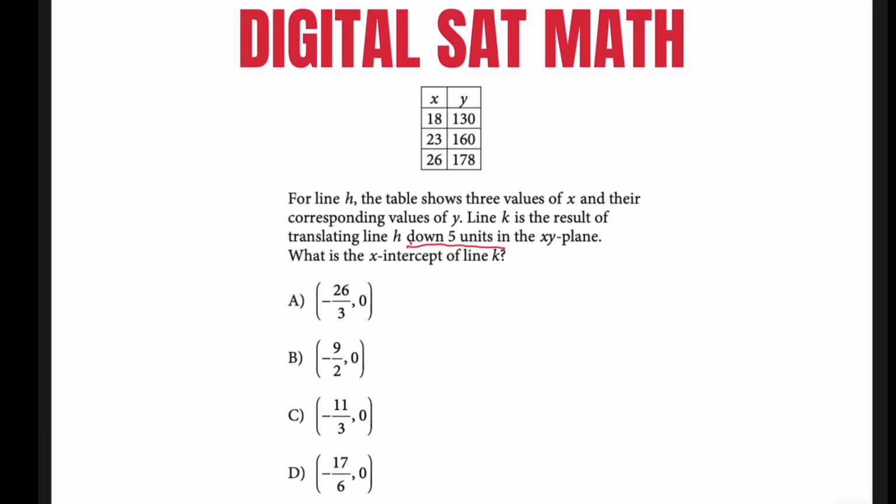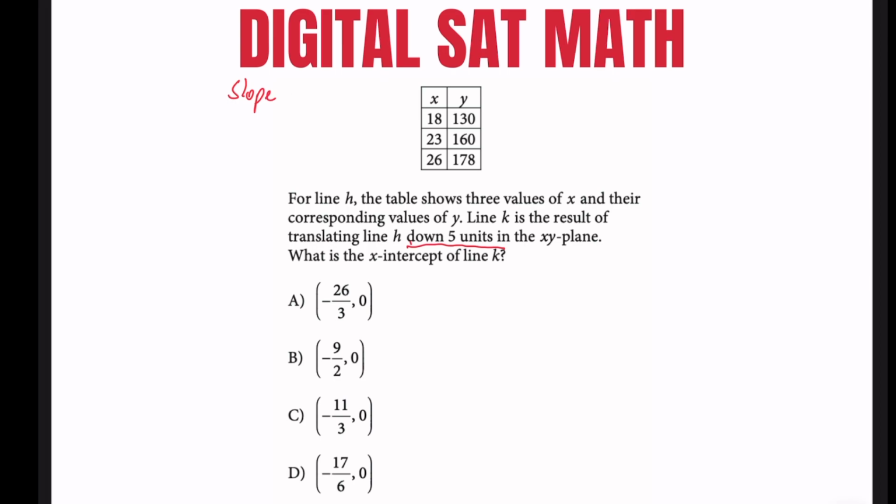So we will need to find the equation of the line. To find an equation of a line, you will need to find the slope. To find the slope, there is one formula. I can just write it down here.